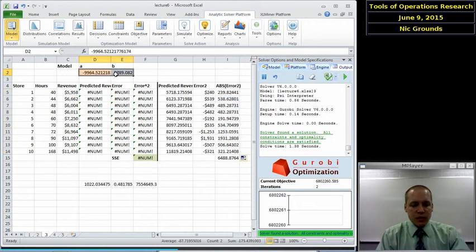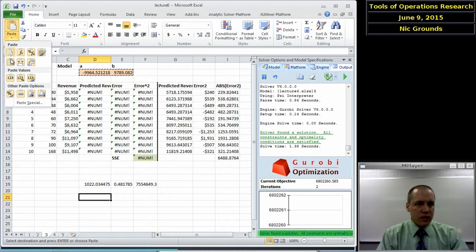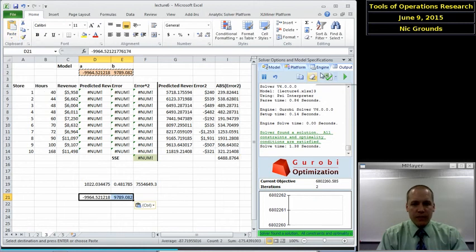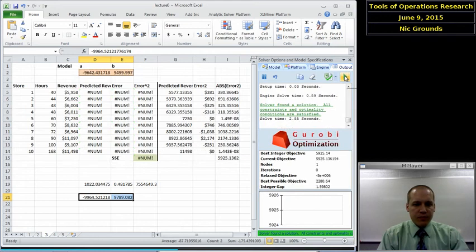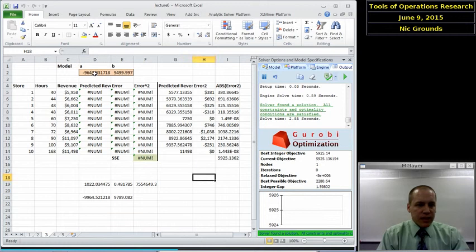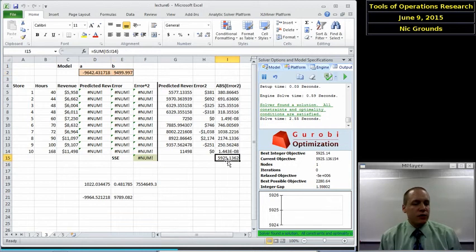So let's remember what we started with. Okay. And rerun. Okay. And it found something of a similar nature, but slightly different. A slightly less negative A and a slightly less positive B for a different sum of absolute errors.